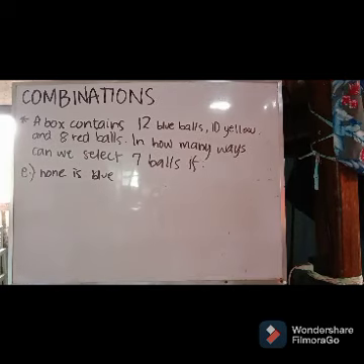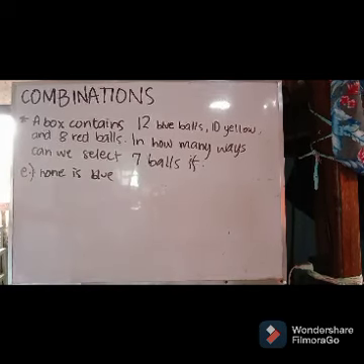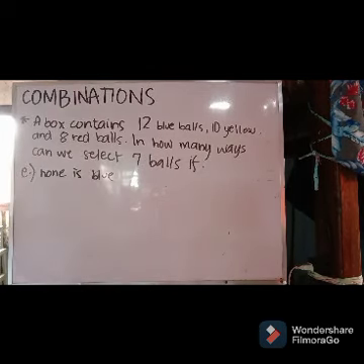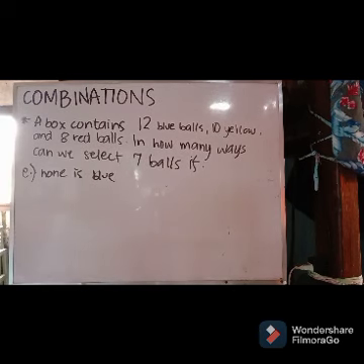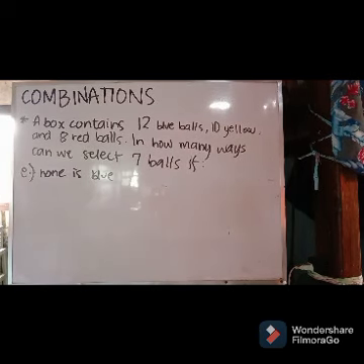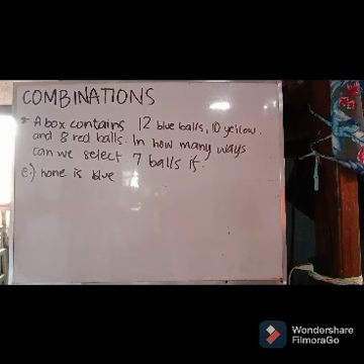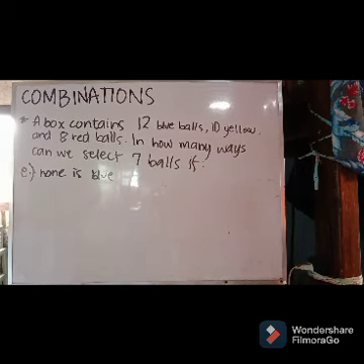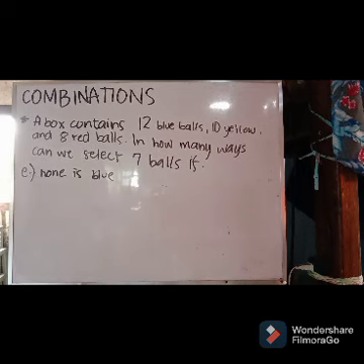For the next condition, it says none is blue. So in a box containing 12 blue balls, 10 yellow, and 8 red balls, you can't pick up the blue balls. So the 10 yellow and 8 red balls are the only ones allowed. So 10 plus 8 is equal to 18.